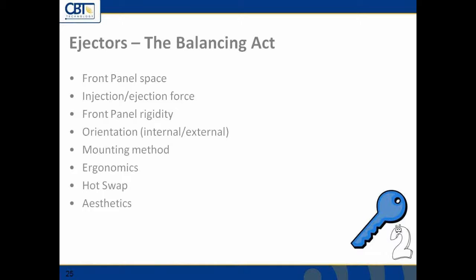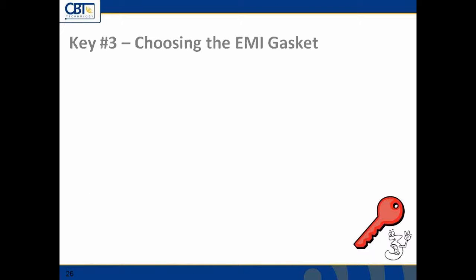How rigid the panel has to be, and making sure that you're driving the force directly through the actual printed circuit board, so it's having its maximum effect in insertion extraction. Whether it's internal or external, how you mount those to the front panels, and then of course we talk about ergonomics, making it look nice, the aesthetics, and then how it's hot swapped as well. So we've seen a lot of different ways to do this come and go.